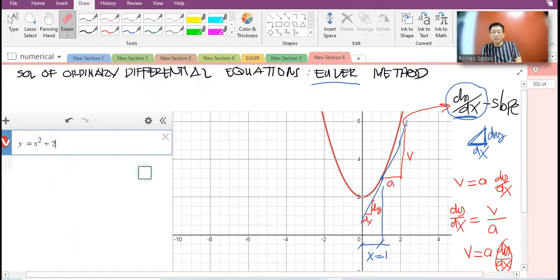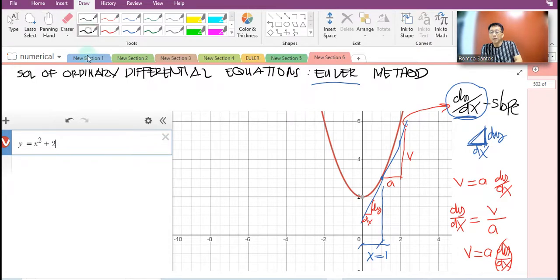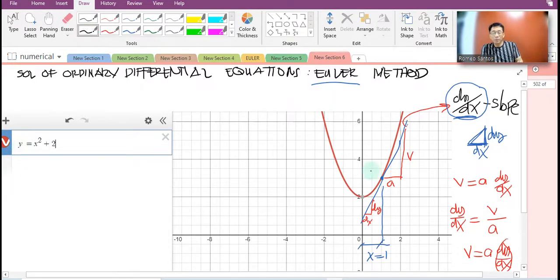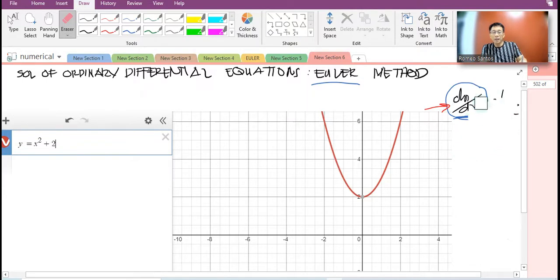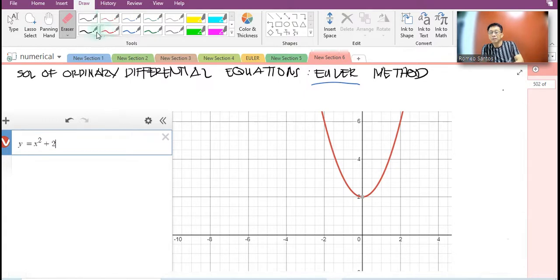By the way, as an example, this is the curve, let us determine the slope at x equals 1. So what is the slope of a tangent line at x equals 1? Where is 1?